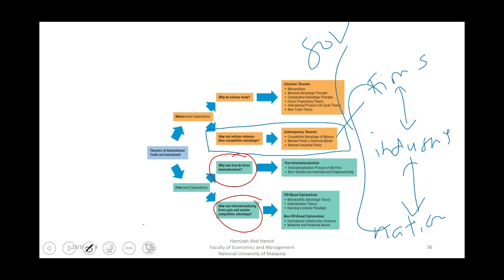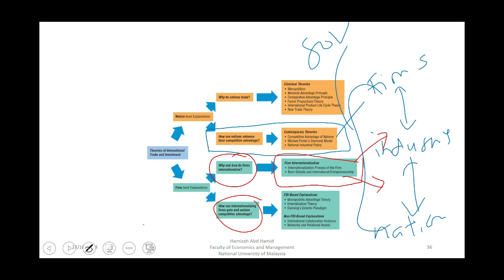The question of why and how firms internationalize are answered by the process of firm internationalization. Some firms internationalize, they take longer time. Some firms internationalize using a very short route, but they end up internationalizing anyway. And after they have internationalized, they can gain and sustain competitive advantage.